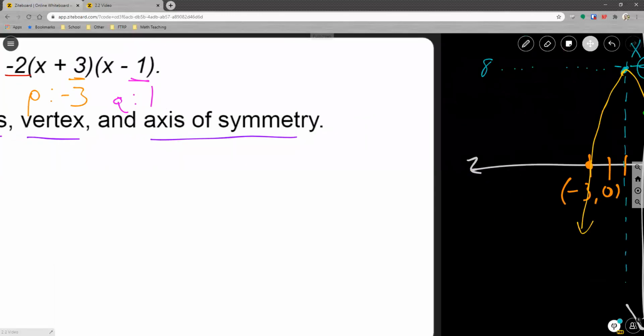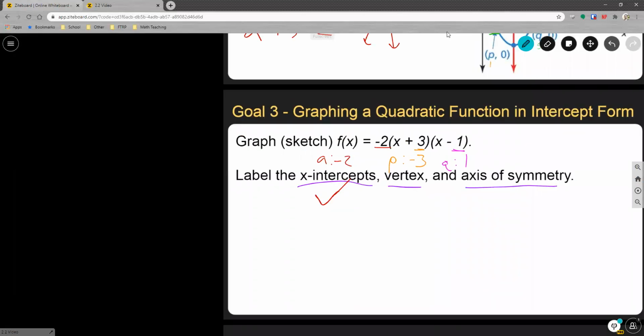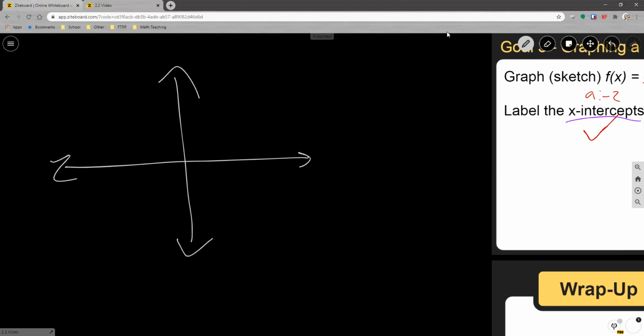All right. So that's the example with 2 intercepts. Now I just want to show you what one intercept would look like. This is the last thing. This will just take a minute. If I've got one intercept, what happens there is my graph of my quadratic is going to have its vertex right on the x-axis.